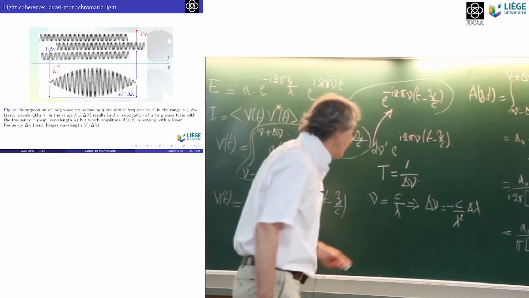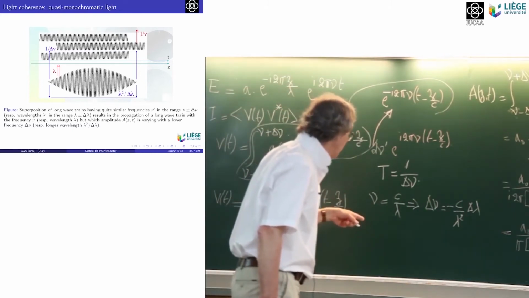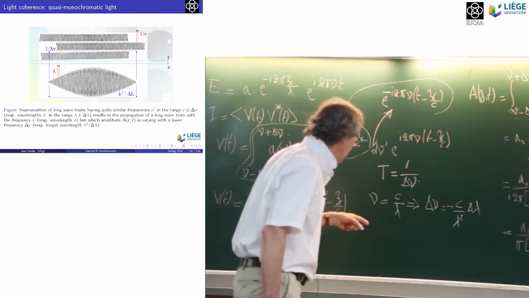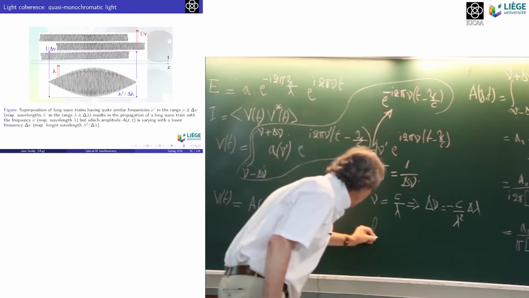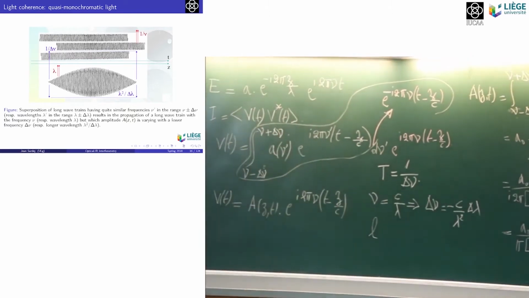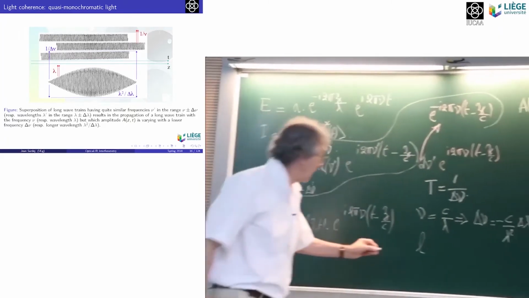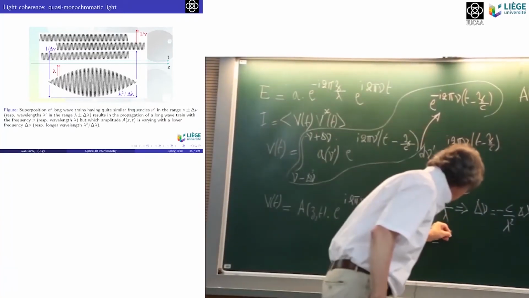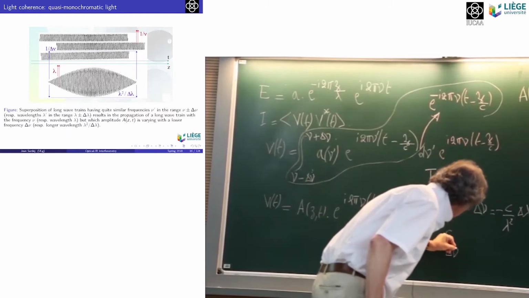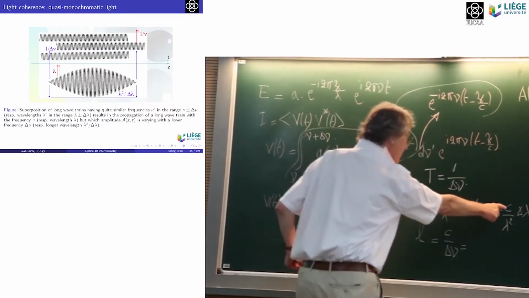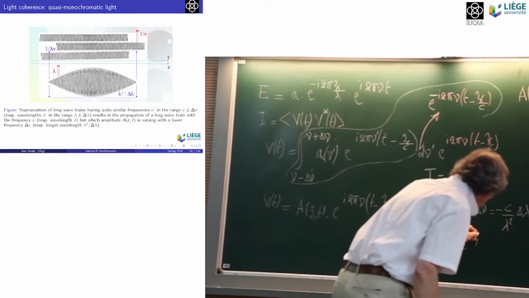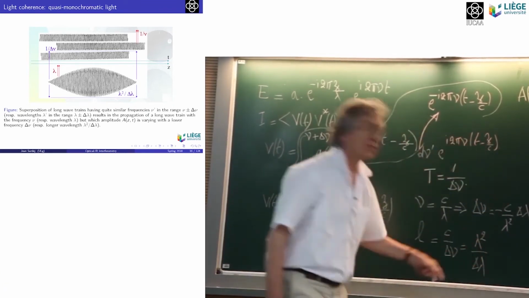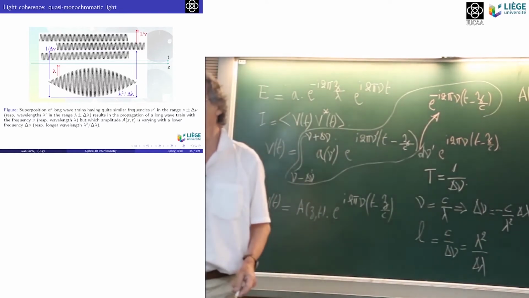Now, in terms of wavelengths, L is equal to c over delta nu. So I divide c by delta nu. And now I see that c over delta nu is equal, in spite of the negative sign, to lambda squared over delta lambda.